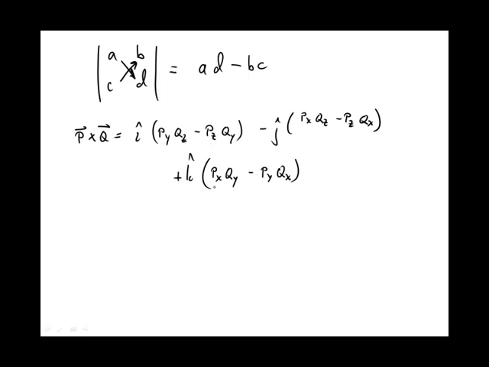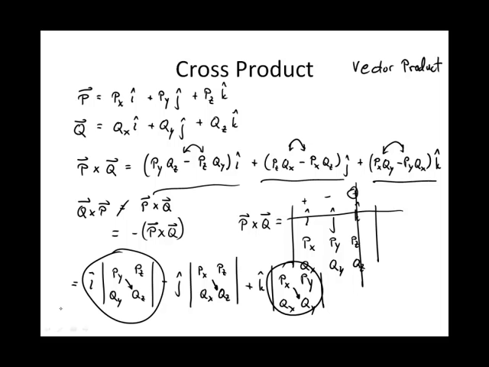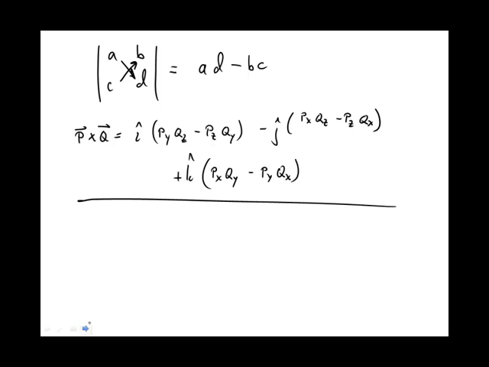And you'll notice this line is the same as this line. You'll see this is reversed, but there's a minus sign out in front on the next page. So notice p z times q x is the first term. Here p z times q x is the second term. So that makes it opposite in sign, but then there's that minus sign.